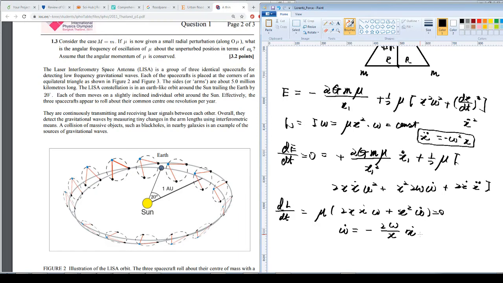So are we going to solve for x dot, or are we going to substitute omega dot or x dot? We are trying to eliminate x dot. We want to cancel x dot out from every term, and at the end we should be left with a formula where x double dot is proportional to x.